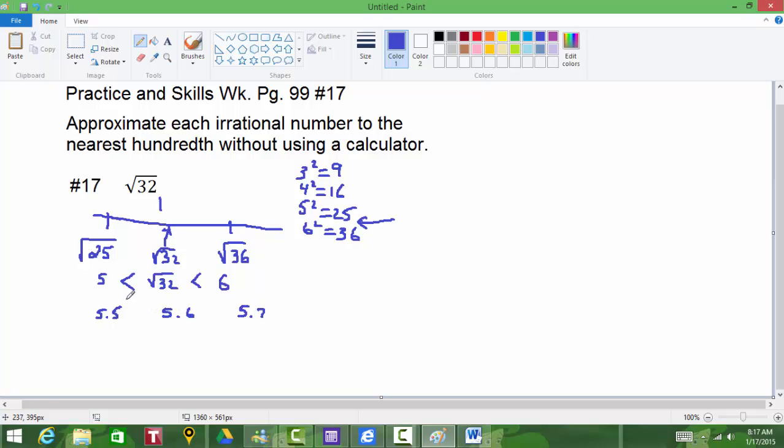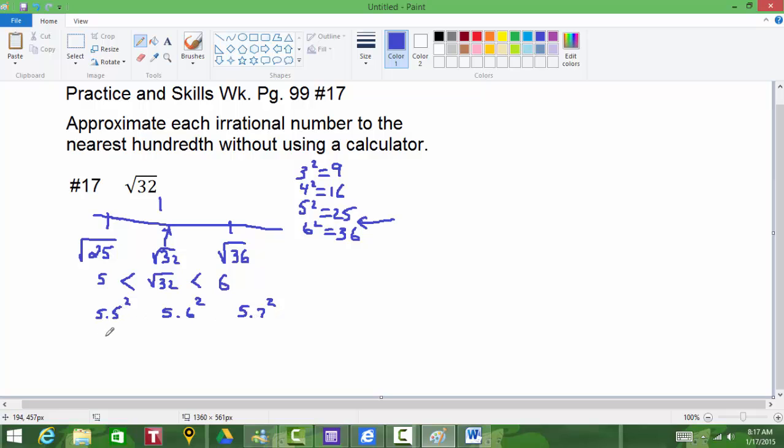And what I'm going to do is square those numbers, kind of like what I did right here. And over here we had perfect numbers. So now I'm going to multiply these together. This is where I would use a calculator at this stage.